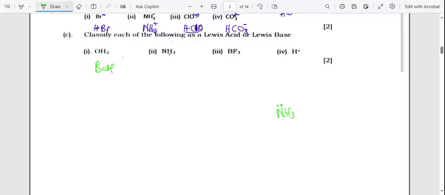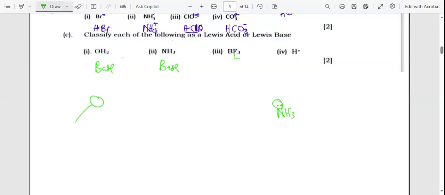Then coming to this one, will it be a Lewis acid or Lewis base? This is ammonia, which I've been talking about. This will definitely be a Lewis base. Coming to this one, the way it is arranged like this, boron, I don't know the group where it's coming from, but let me just show you something.